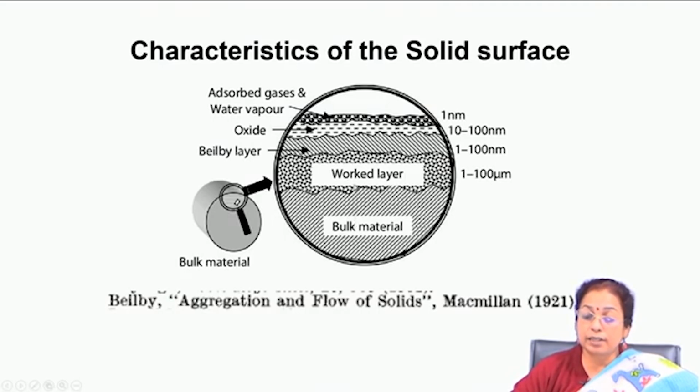So, all these layers are very important, and if you see the microstructure of the cross section carefully, you will find that at different scales these different layers are visible. For example, the cold worked layer thickness varies from 1 to 100 micron, the Beilby layer 1 to 100 nanometer, then the oxide layer 1 to 100 nanometer, and the physisorbed layer dimension is very small, just on the surface, around 1 nanometer.